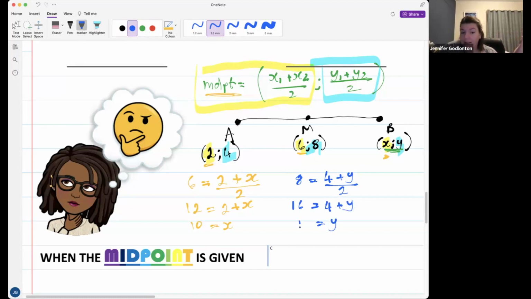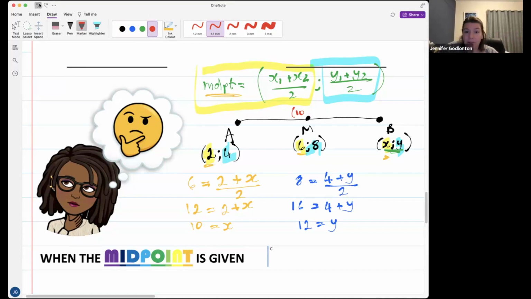And so y is equal to 12. And so the coordinates of my midpoint are going to be 10... Oh, guys, I'm talking absolute nonsense. The coordinates of point B are going to be 10 and 12.